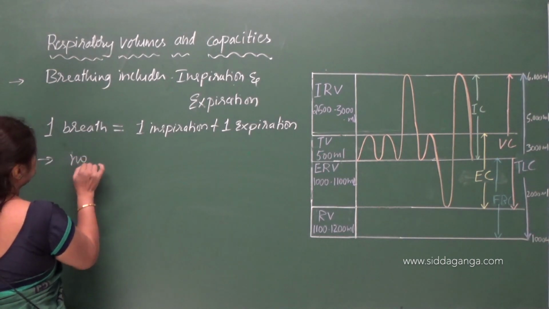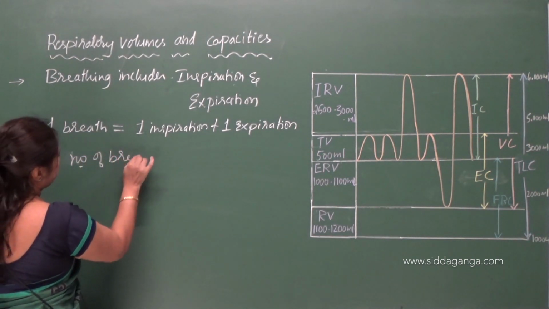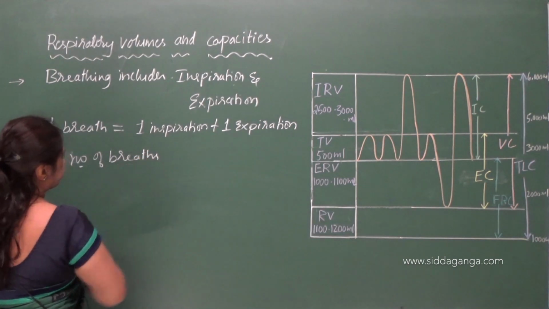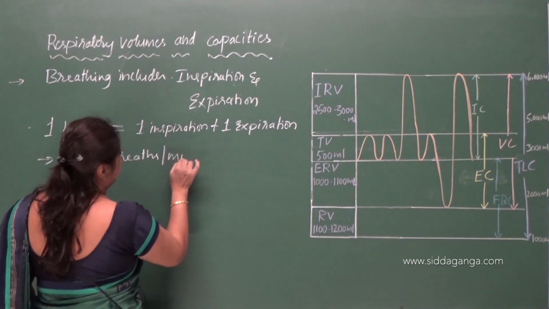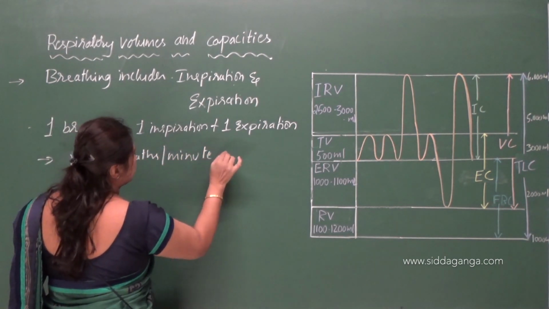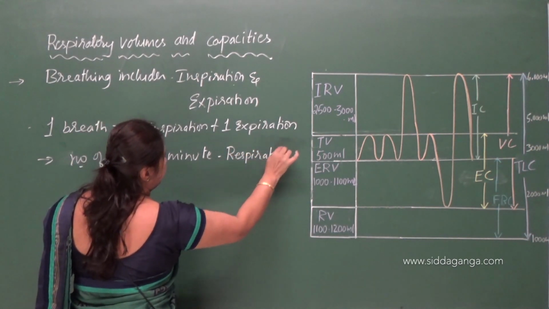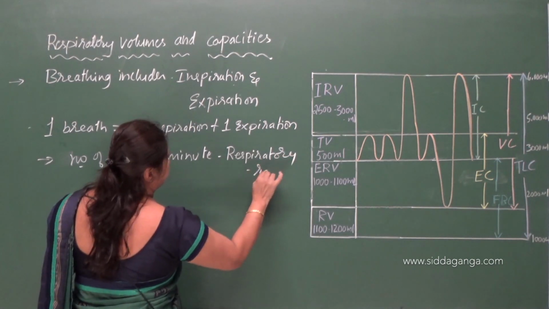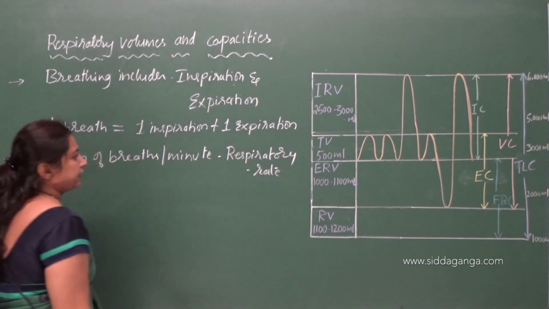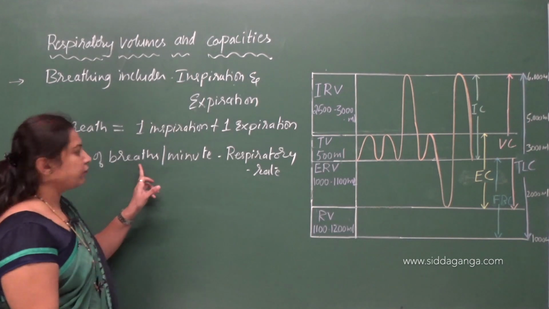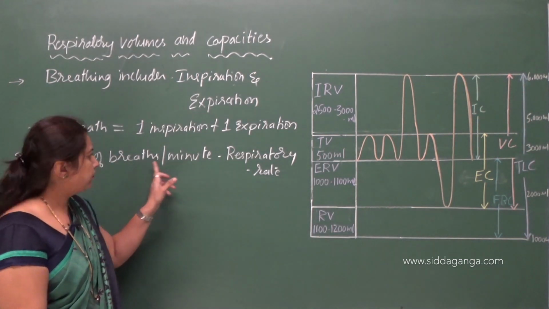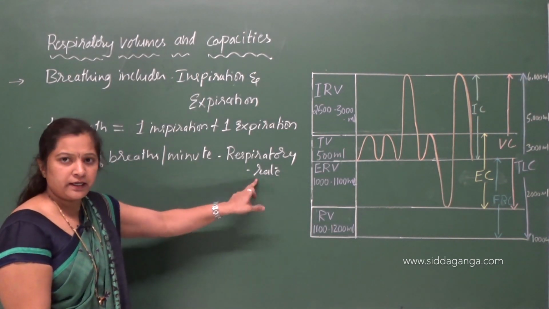The number of breaths per minute is the respiratory rate. So the number of breaths taken per minute is the respiratory rate.